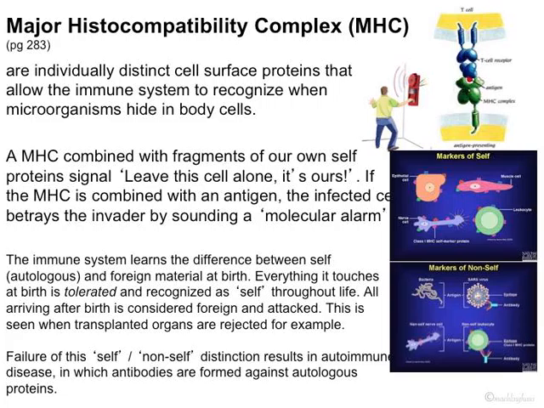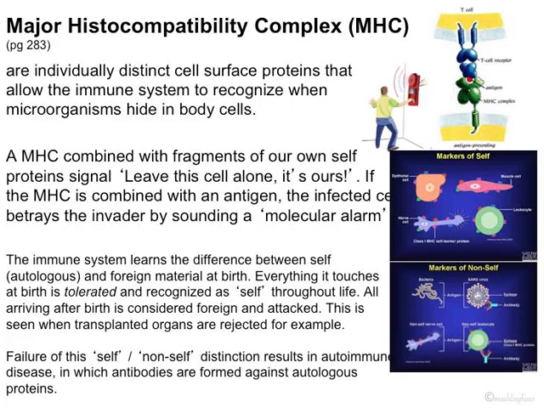The major histocompatibility complex are individually distinct cell surface proteins that allow the immune system to recognize when a microorganism hides in the body cell. The MHC combined with fragments of our own self protein signals to the rest of the crowd, leave us alone, it's our own cell.